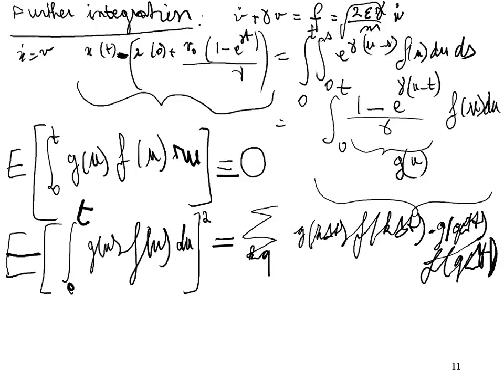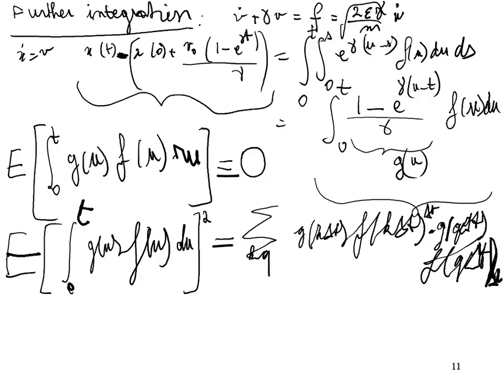And we have to multiply everything by delta t twice, because this is squared.